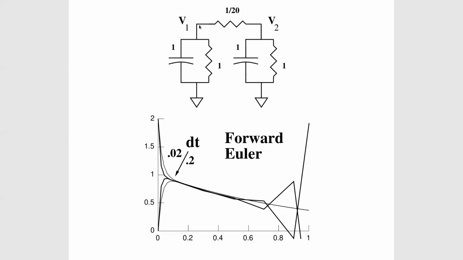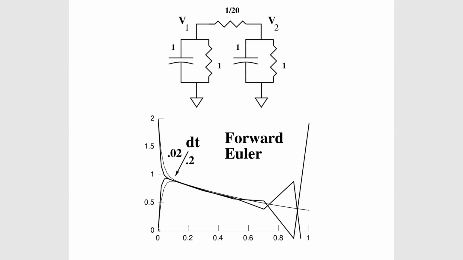One time constant is fast, and it takes care of equilibration between this node, where V1 is measured, and where V2 is measured. And the other time constant is slow, and that takes care of the decay of these two membrane potentials towards zero. So if we start with an initial condition of, say, V1 having a value of 2 and V2 having a value of 0, okay, there's the one initial condition for V1 and there's the initial condition for V2.